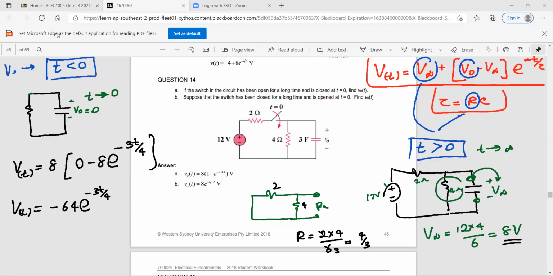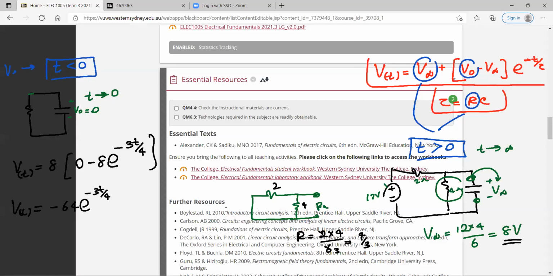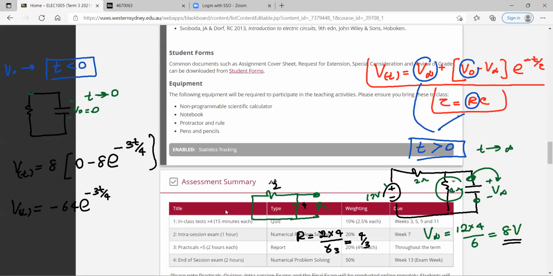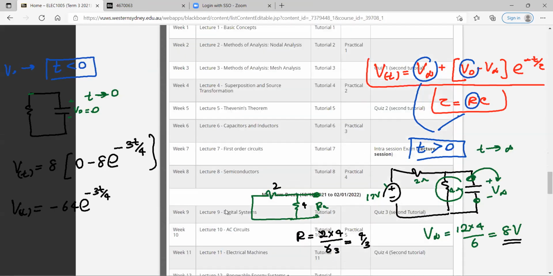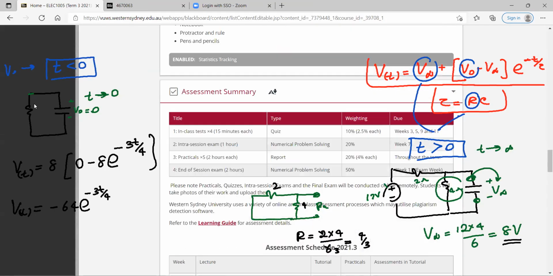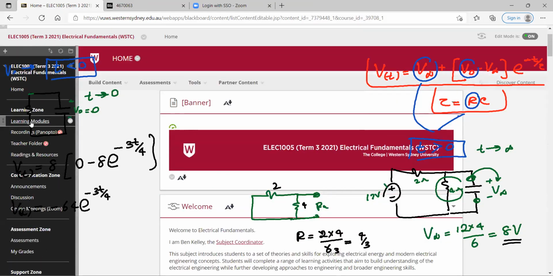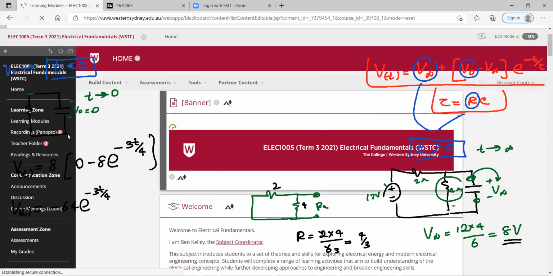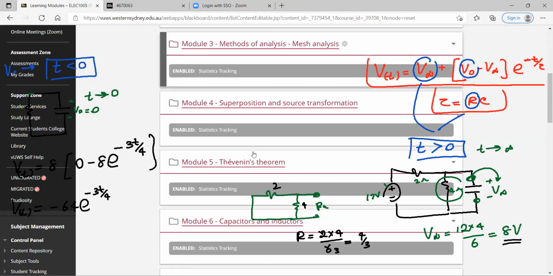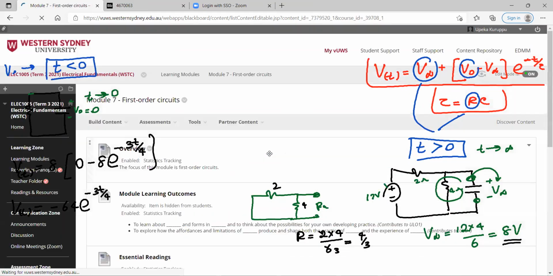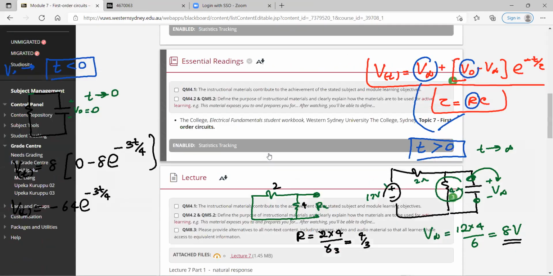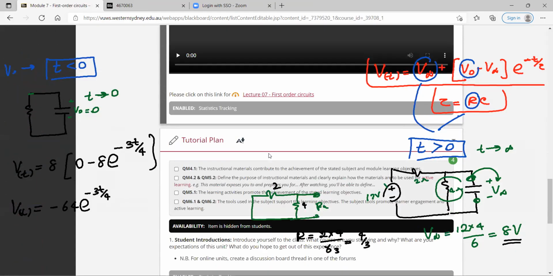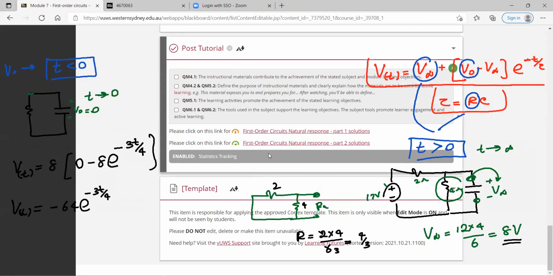You have the solutions here somewhere in the modules, right? Module 7, tutorial solutions.